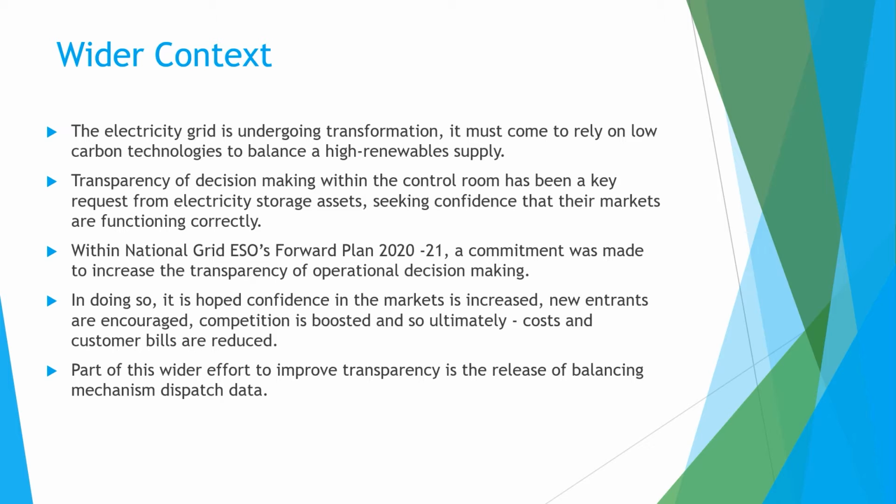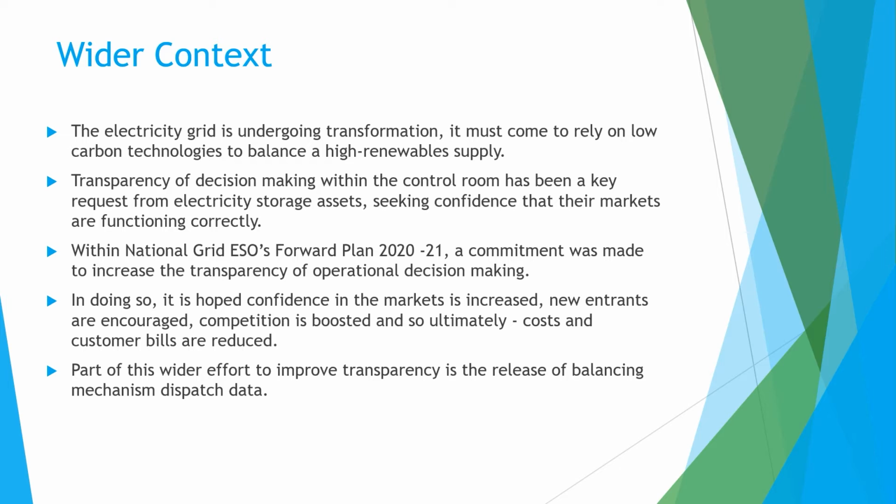So National Grid ESO have committed to improve transparency of operational decision making across their entire operation and every market, not just the balancing mechanism. And so they want, in doing so, to improve confidence in these markets, encourage new entrants, so get more people involved in providing flexibility and electricity storage, which is needed, boosting competition, and so ultimately reducing the costs of balancing.